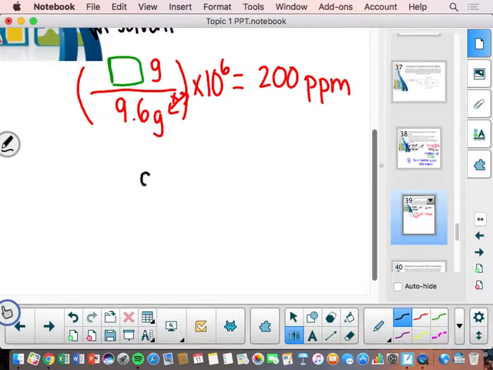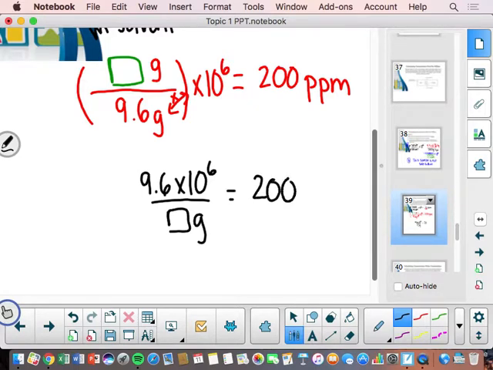I get 9.6 times 10 to the 6 divided by, we don't know what this is, equal to 200. I should call this X. We don't know what that one is, but we need to solve for X.